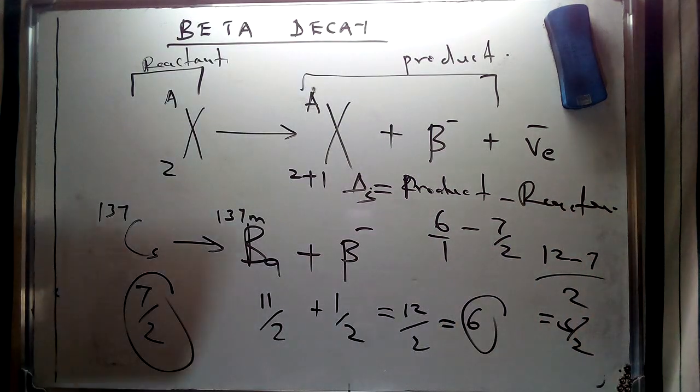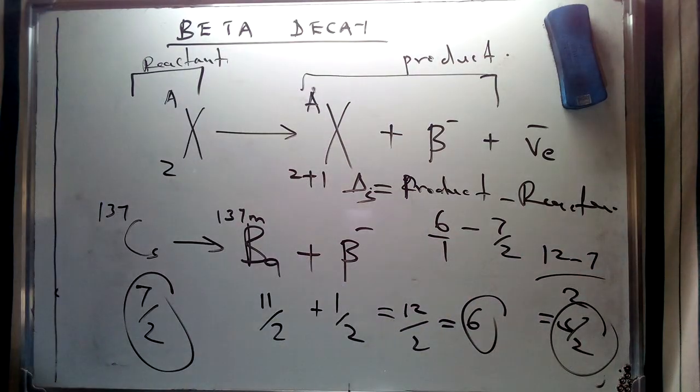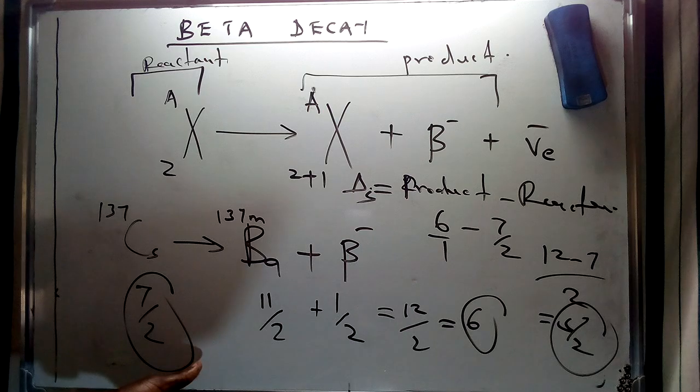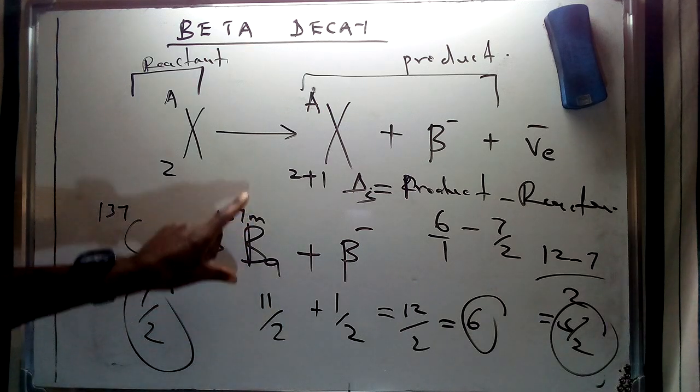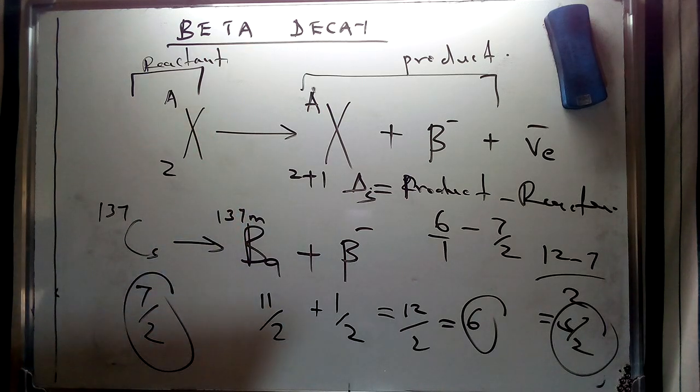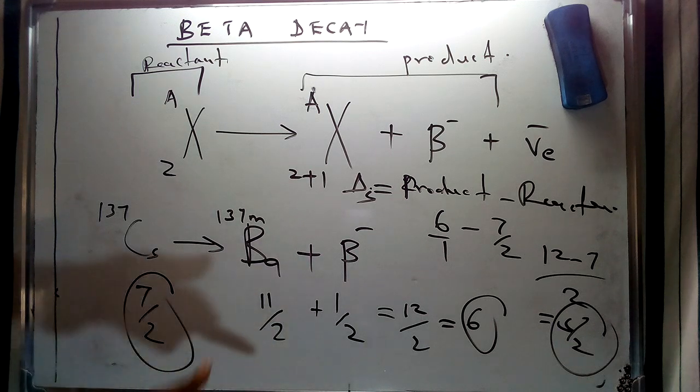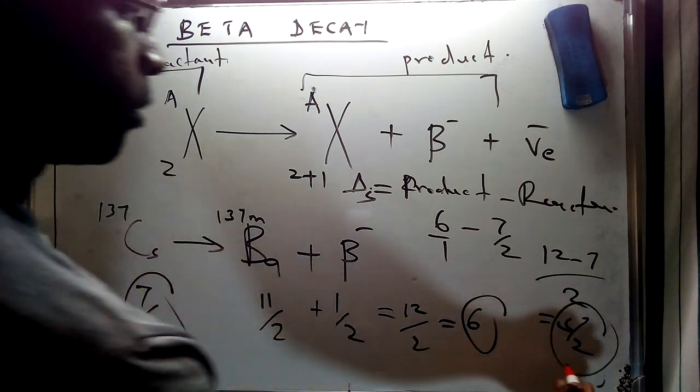So this is the total spin of that specific reaction. For us to ensure that the conservation of this law of angular momentum is observed, the whole spin has got to be an integral number, which is basically a whole number.